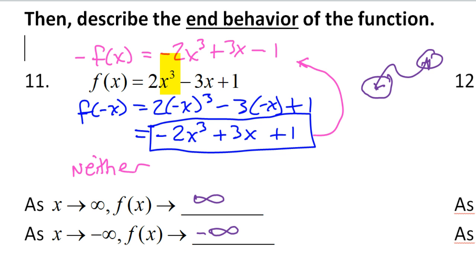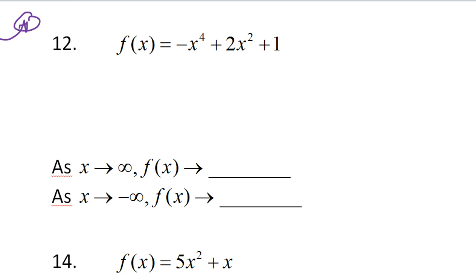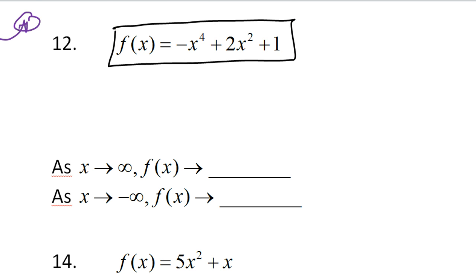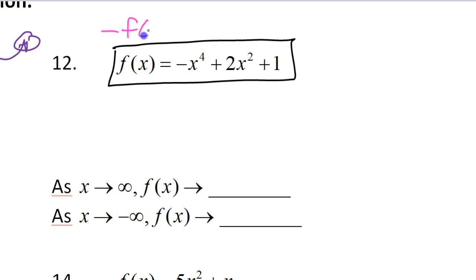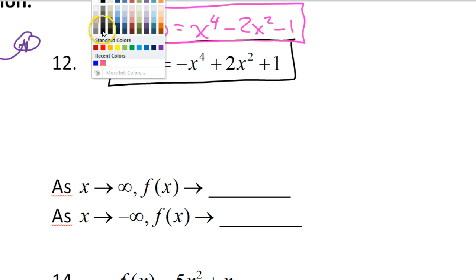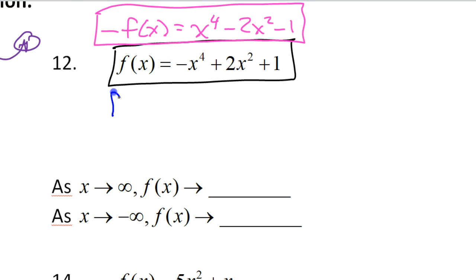Okay? All right, so looking at number 12. Okay, so we have the original function, but we need the opposite function as well. So here's the opposite function. Would be positive x to the fourth power minus 2x squared minus 1. Okay, now we need f of negative x.